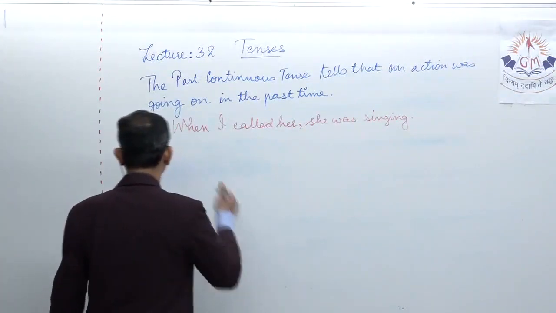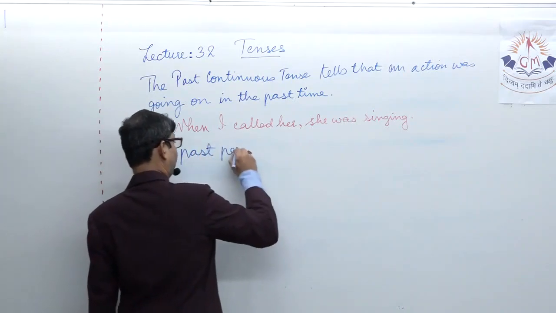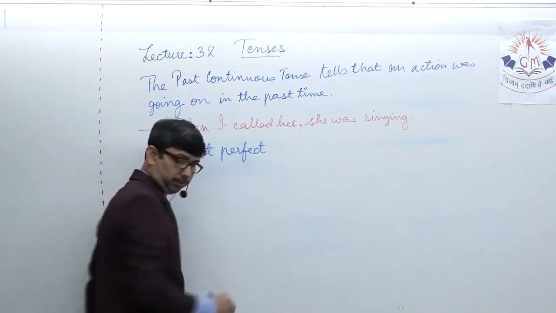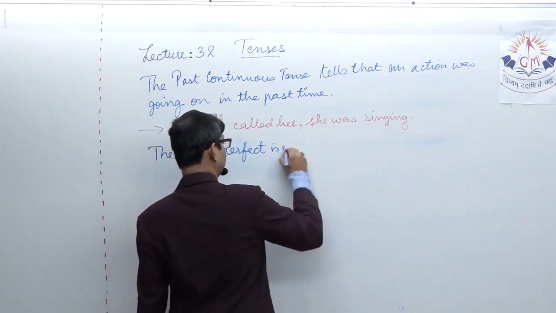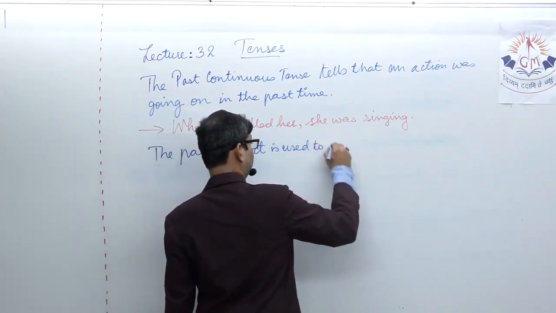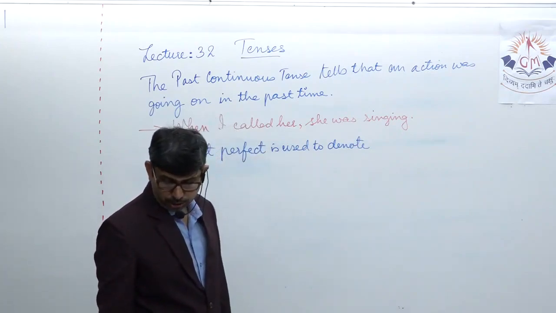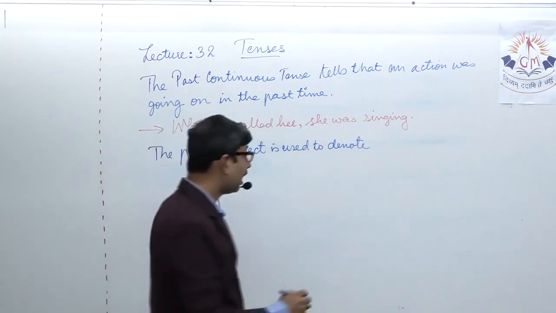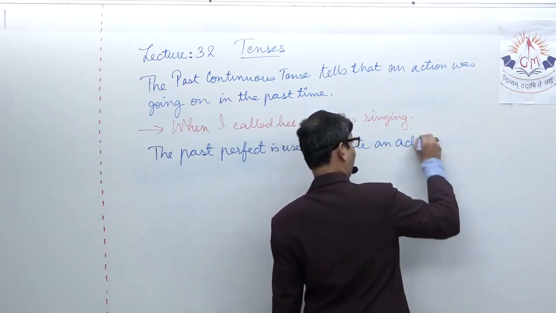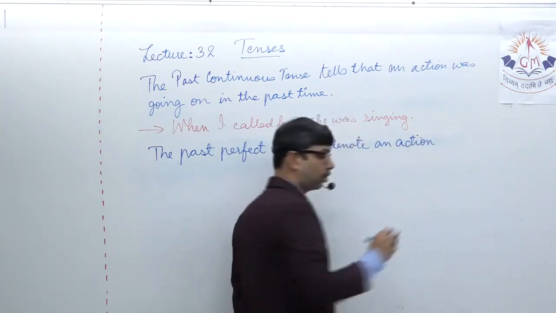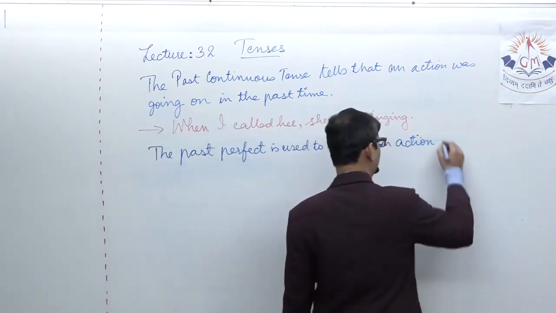The past perfect is used to denote an action which had been completed. So it got over.